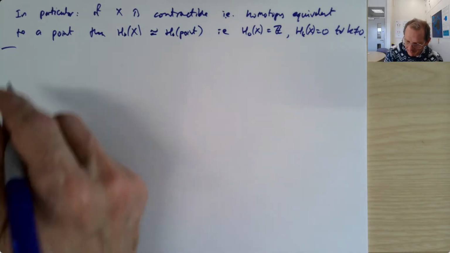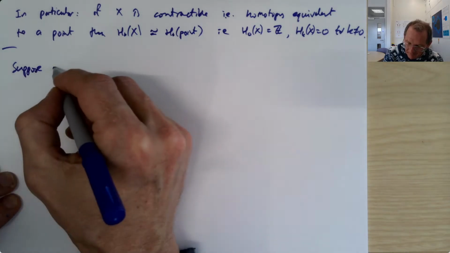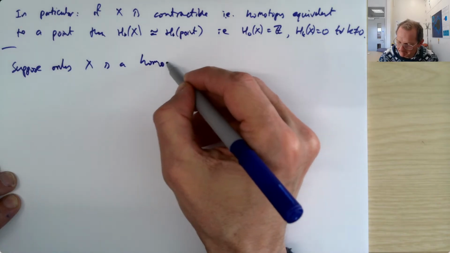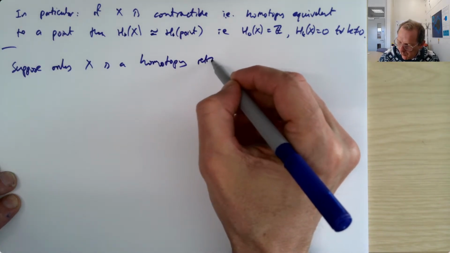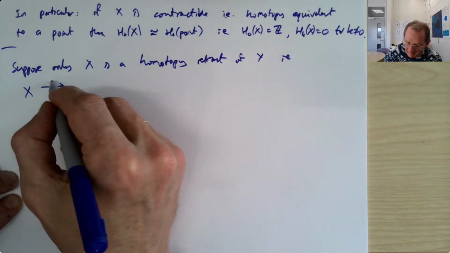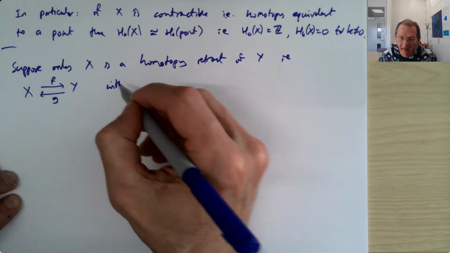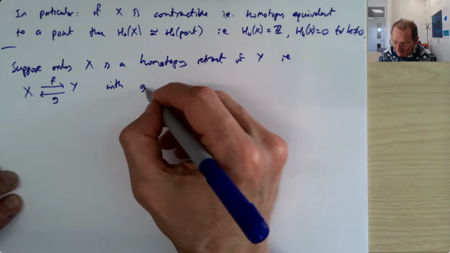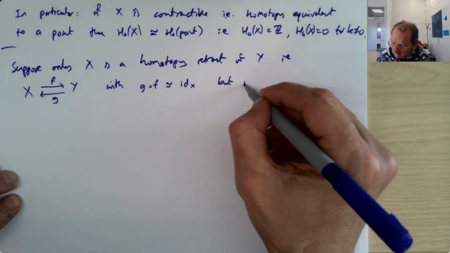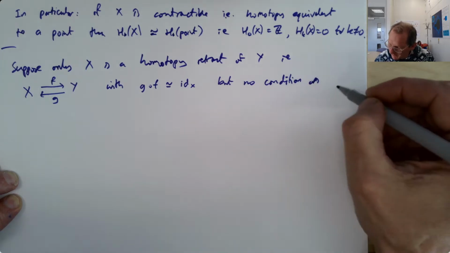Another point that's worth mentioning: suppose X is a homotopy retract of Y. Let's recall what that means. It means that we've got maps f and g as before, where g composed with f is homotopic to the identity on X, but no condition on f composed with g.